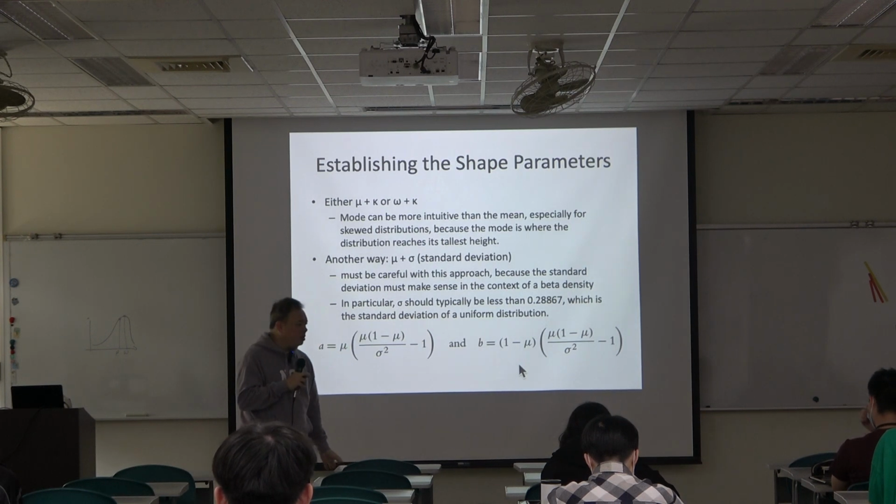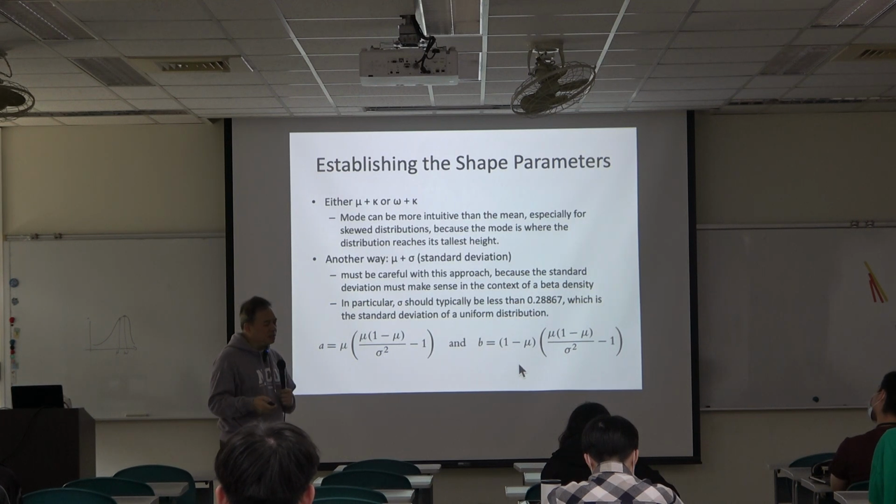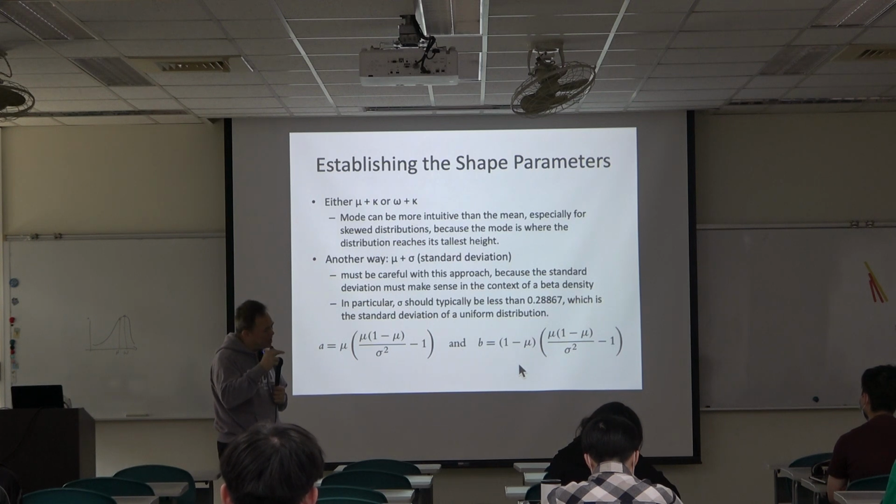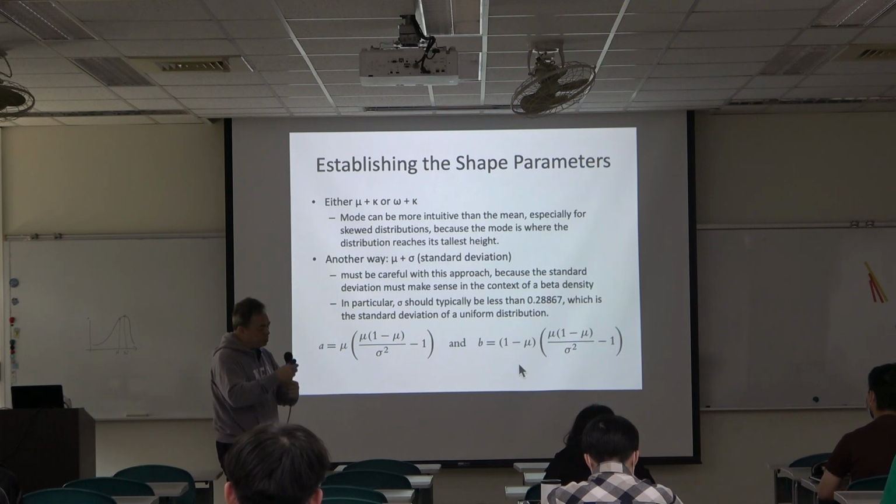So here we are trying to tell you ways to convert your belief, the central tendency and the certainty about that central tendency. Either you use mu and kappa, or mu and omega and kappa, or mu and sigma, to obtain your A and B here.